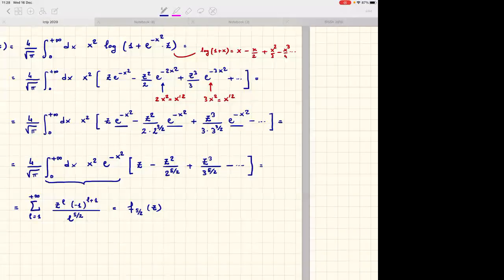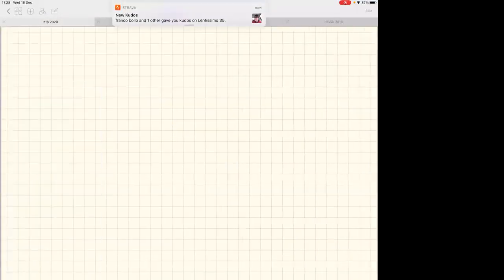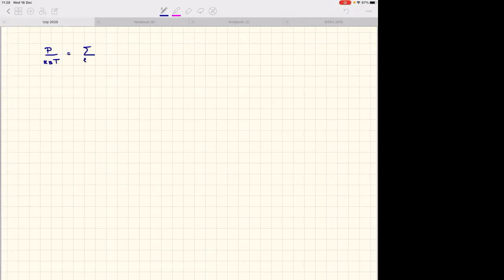Now, the second equation is actually as simple as the first. So I will have P over KBT equal to sum over L from 1 to plus infinity of minus 1 to the power L plus 1 z to the L, divided by L to the 5 halves, lambda cube.